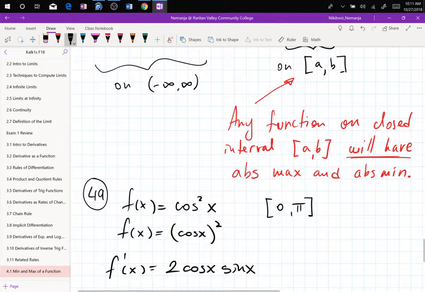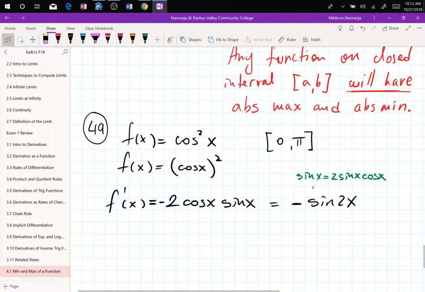So the derivative of cosine is negative sine, so it's negative. And if you learned any of your trig formulas, you know that this is now negative sine 2x. I'll write the formula down if you don't remember. It says sine 2x is equal to 2 sine x cosine x.